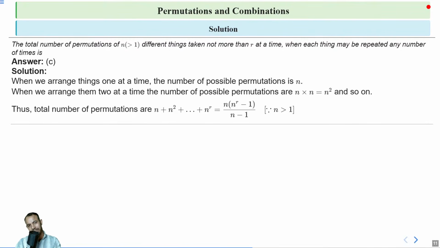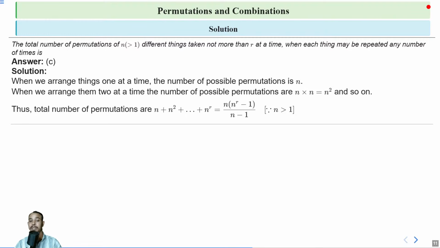The total number of permutations is n plus n squared plus dot dot dot plus n to the power r. So this is actually a geometric progression with first term n and common ratio n. Okay, so easily you can find the sum of this geometric progression.